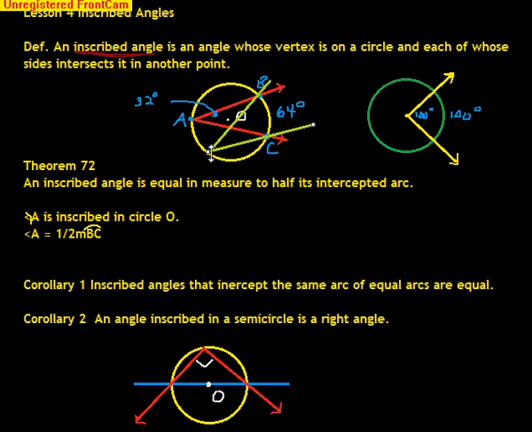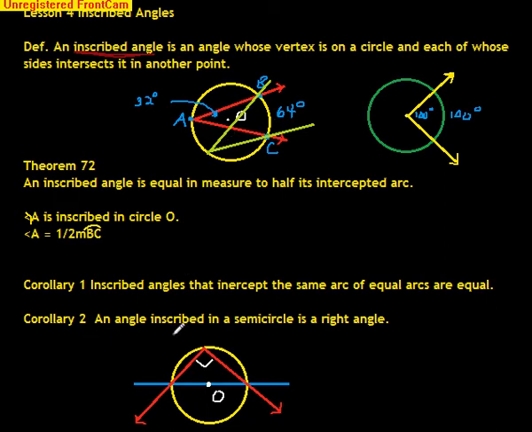See how this light green one is intersecting the same arc? So this angle would also be 32. That's just kind of common sense. Or if you had another arc that was 64, then these two angles would be equal.